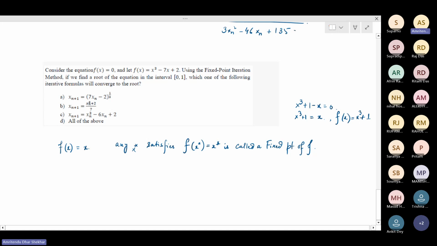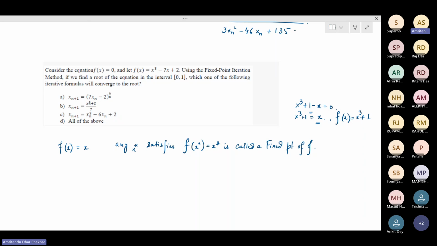So when you have an equation like this, you can recast it to compute a fixed point for f.